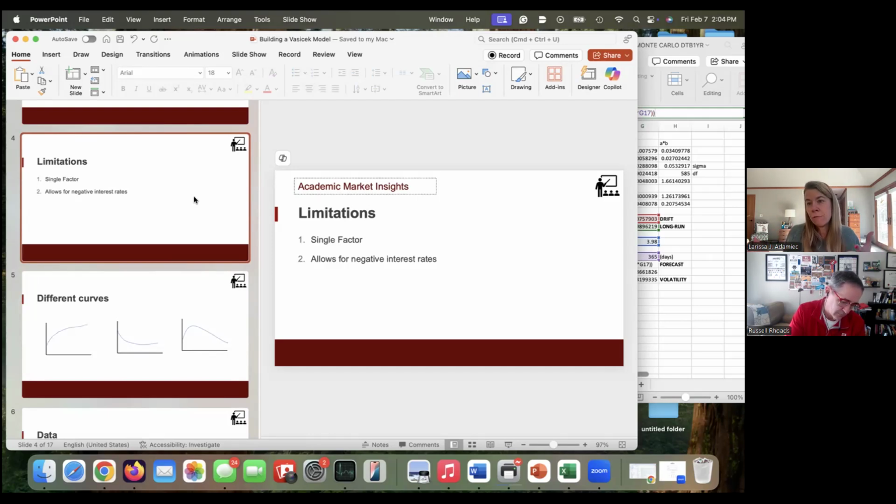From an equity standpoint, it'd be like CAPM as a single factor model, with that single factor being the overall interest rate. Here, our single factor is a long-term or long-run average.